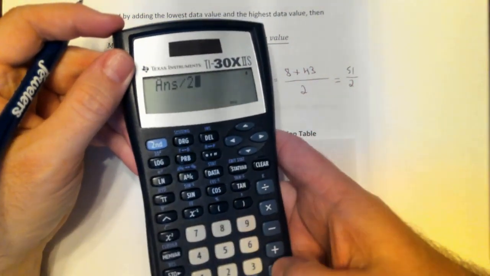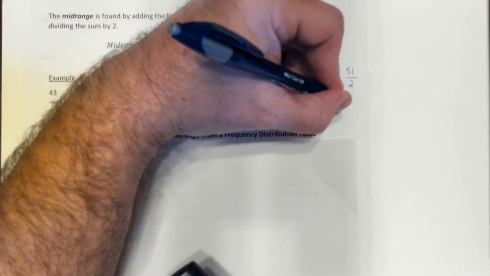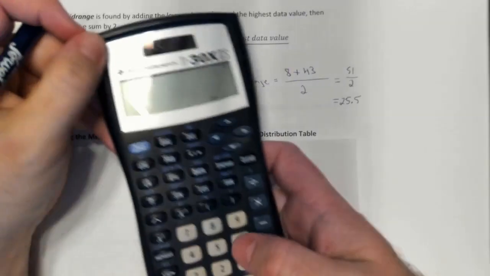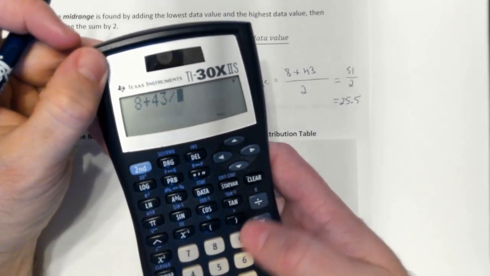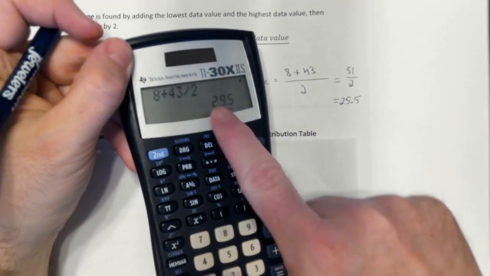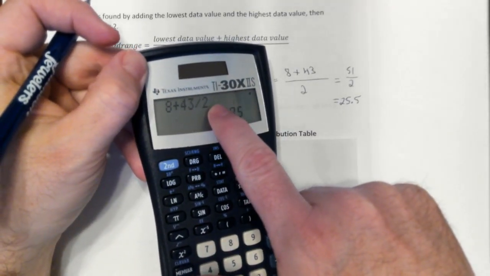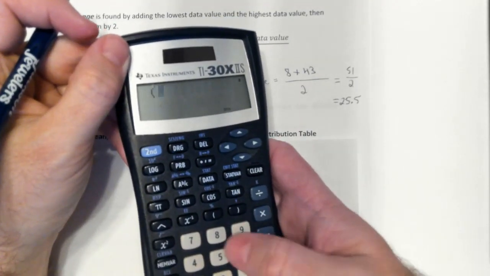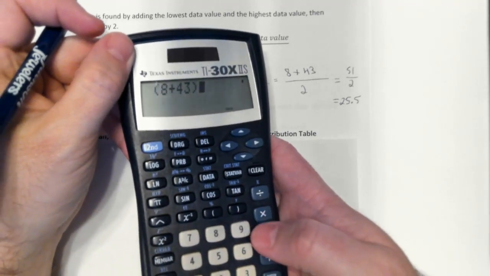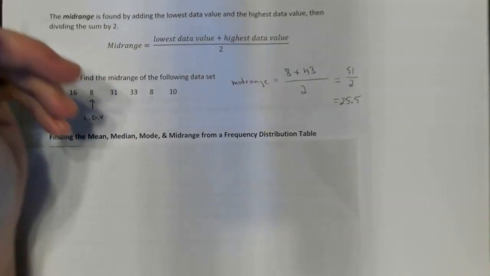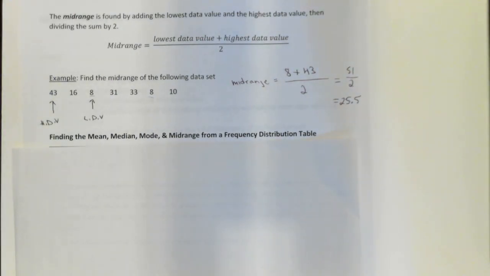Divided by 2 is 25.5. The reason I backed up and didn't do it all at once, let's see what happens. 8 plus 43 divided by 2, you get a different number. That's because the calculator is doing 43 over 2 first and then adding 8. So if you want to type it all in at once, use parentheses, then divided by 2, and you get 25.5. Okay? So our mid-range is 25.5.